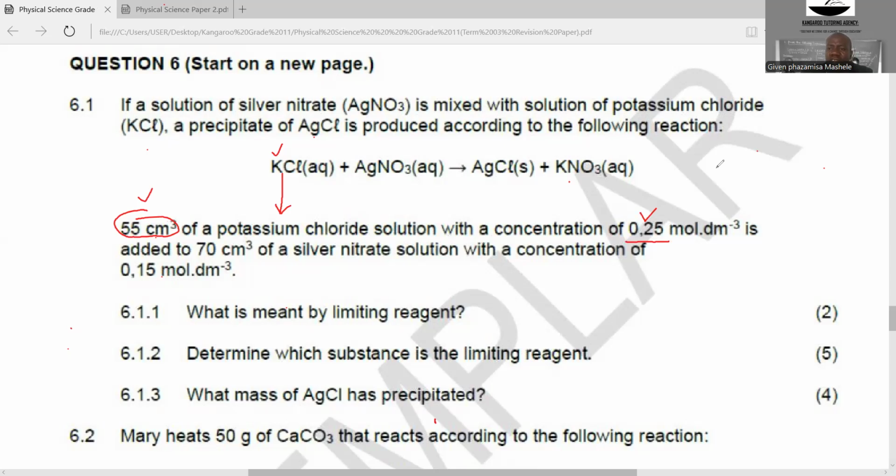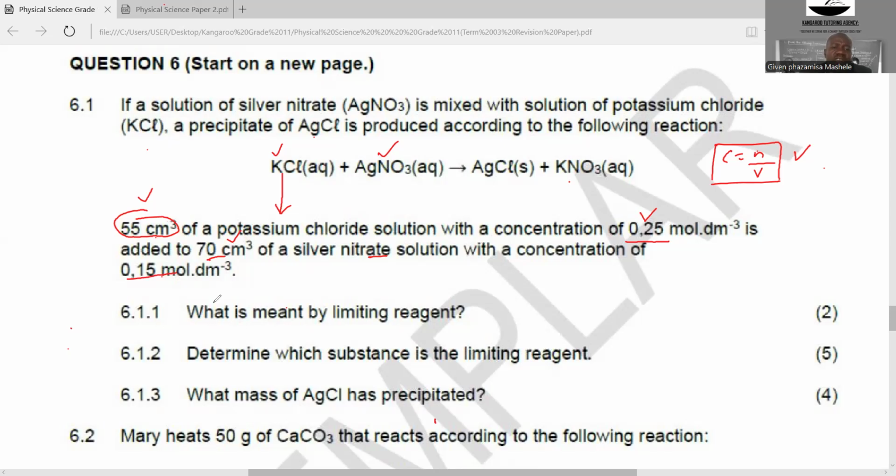We know concentration is the number of moles of solute per unit volume of solvent. So this is the formula for calculating the concentration. It's added to a volume of 70 centimeter cubed of silver nitrate solution with a concentration of 0.15. So we are given the concentration of the two substances.